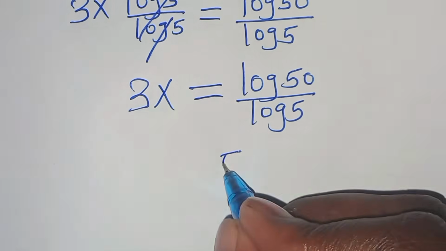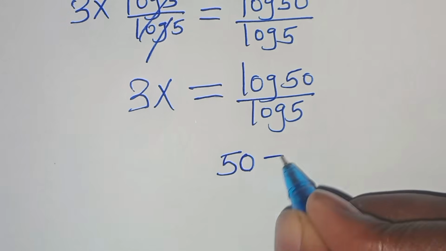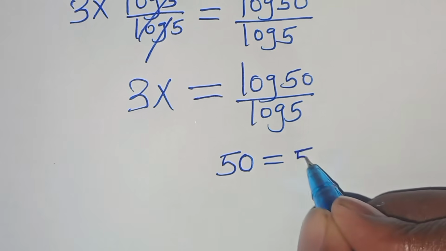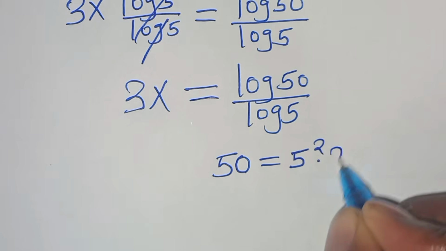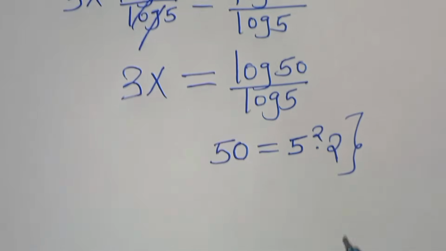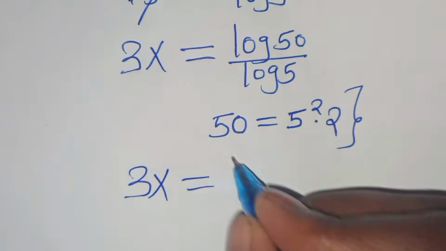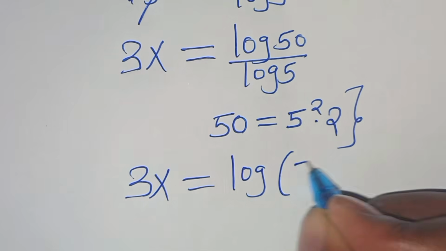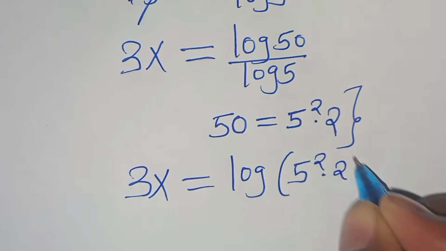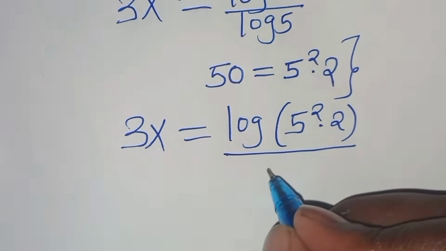We can express 50. This is the same thing as 5 to the power of 2 multiplied by 2. Let's substitute this. So we have 3x. This is equal to log 5 to the power of 2 times 2, then divided by log 5.